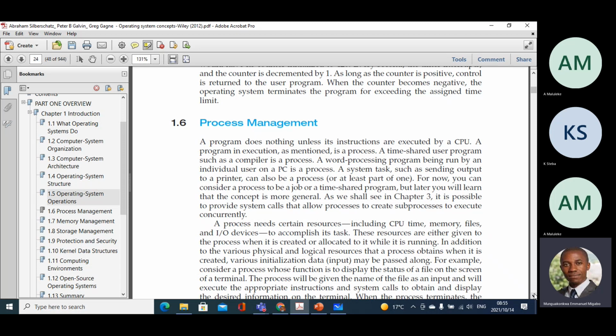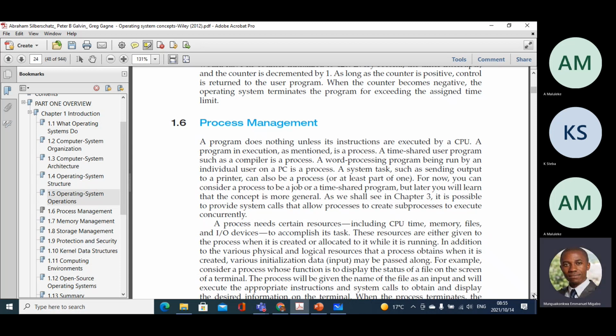So a process needs certain resources, of course. It's a program under execution, and for it to execute, it needs a certain number of resources. It needs some CPU time, it needs some memory, it needs access to files, and sometimes it even involves input-output devices, such as a mouse, a barcode scanner, a keyboard, etc. These resources are either given to the process when it's created or allocated to it while it's running.